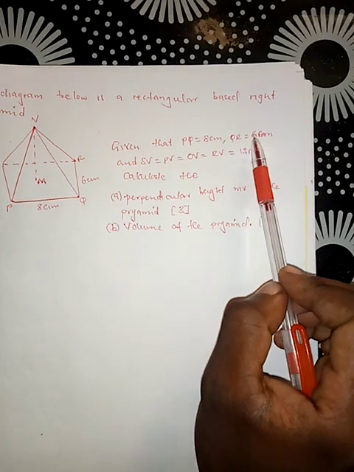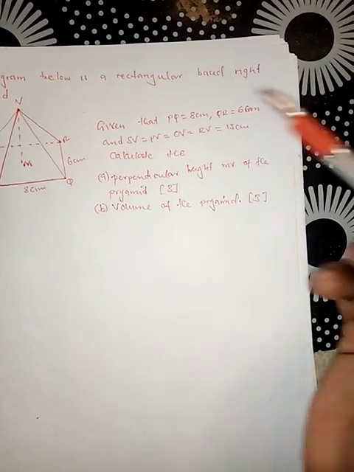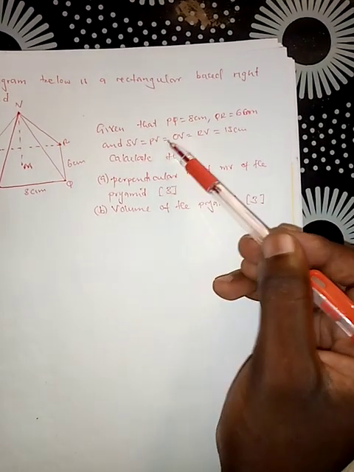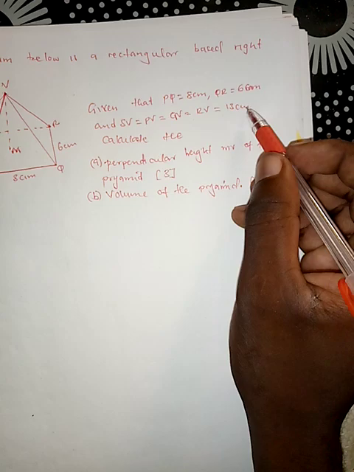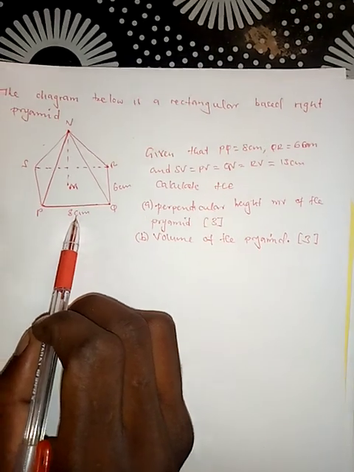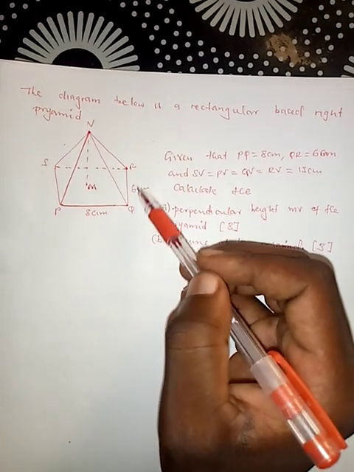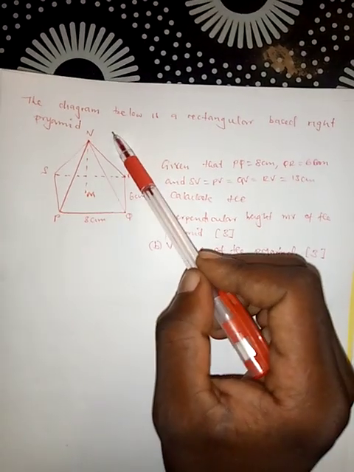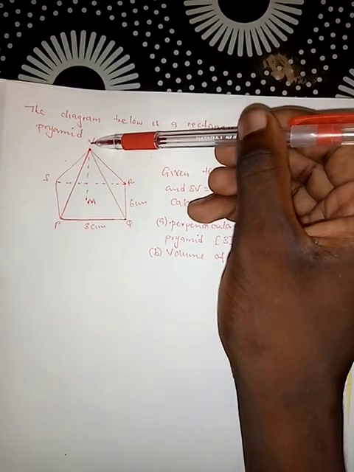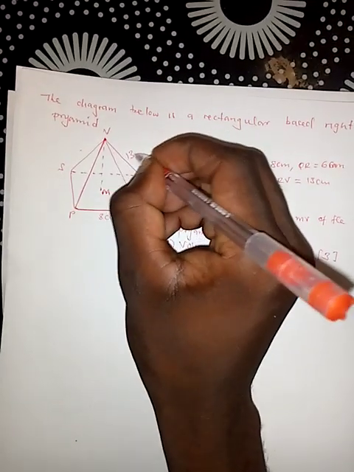Now, the information that we have been given here is that PQ is equal to 8 centimeter, QR is 6 centimeter, and SV equals PV equals QV equals RV, which is 13 centimeter.